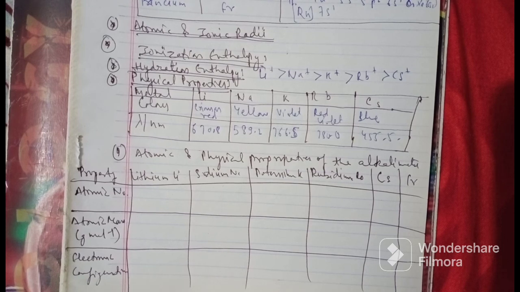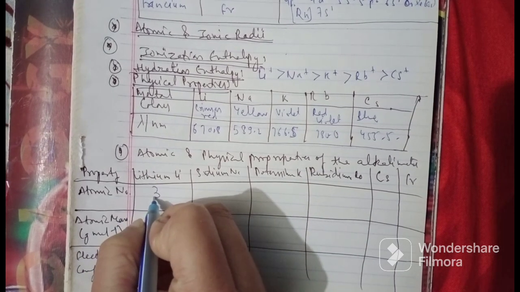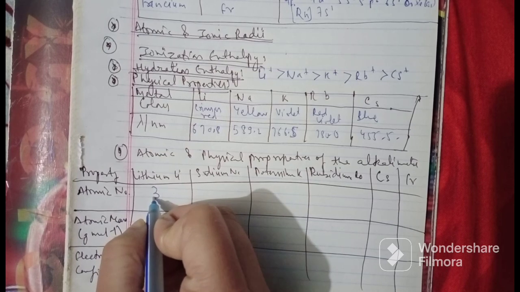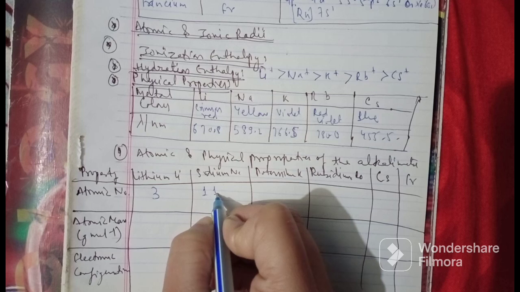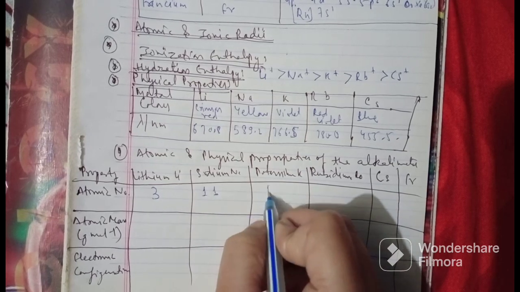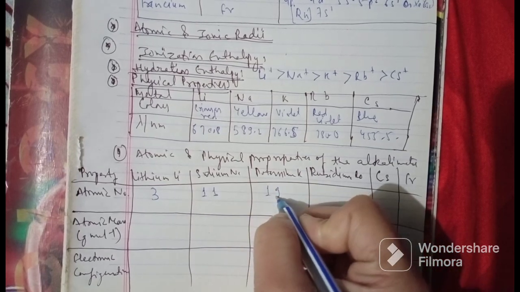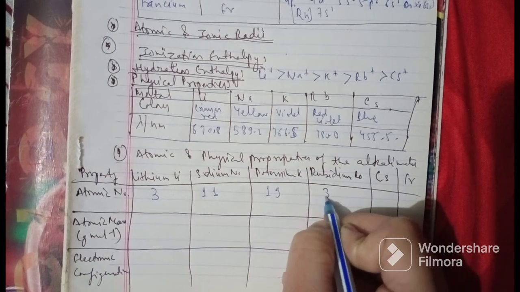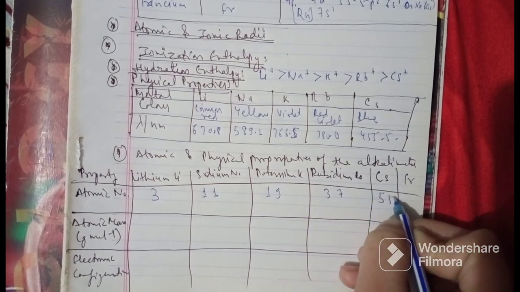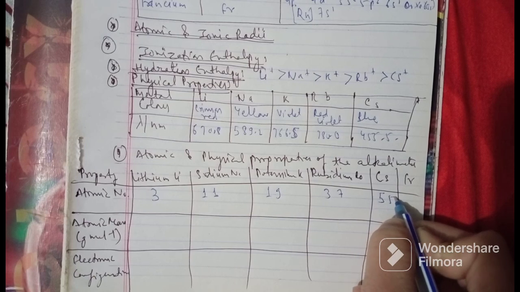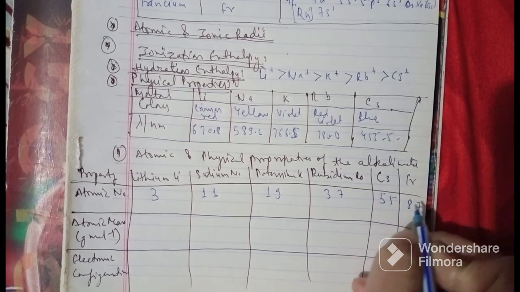The atomic number for lithium is 3, for sodium it is 11, potassium is 19, rubidium is 37, cesium is 55, and for francium it is 87.